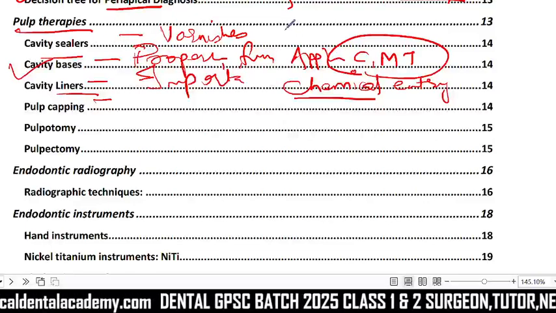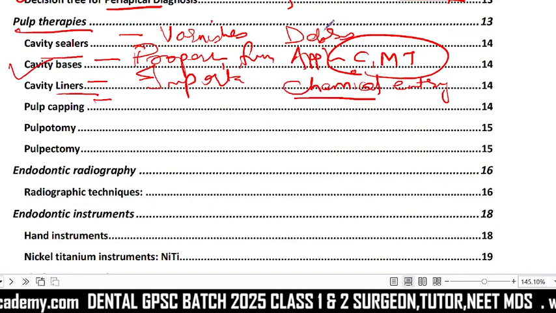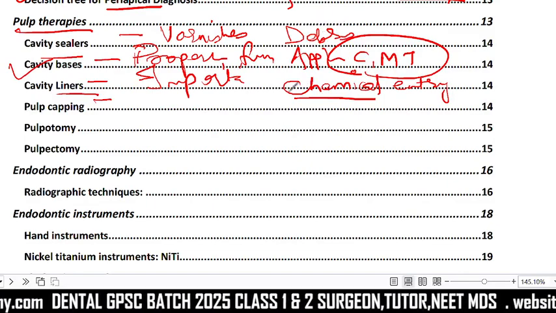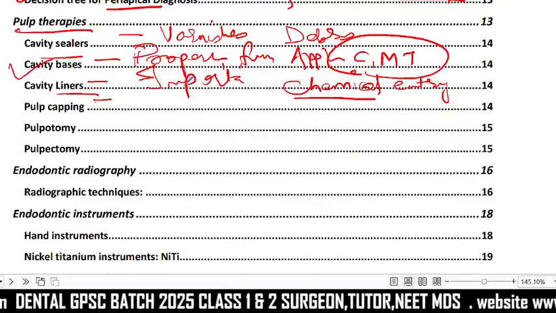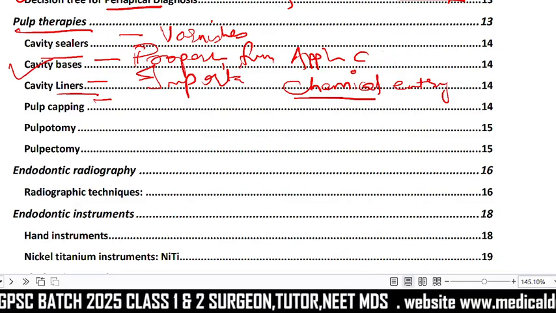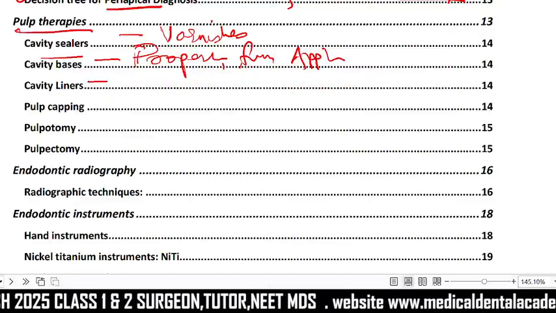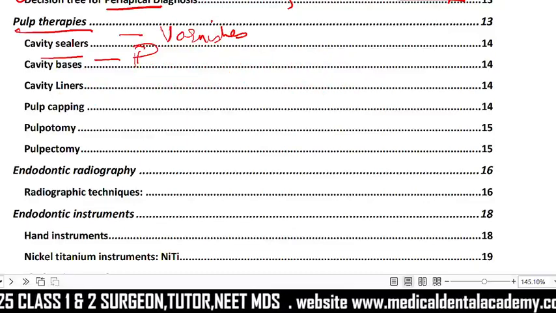And cavity sealers just prevent debris or minor particles from entering. So in this way you have to prepare the classification, because in an interview you might be asked what is the difference between sealer, base and liner.